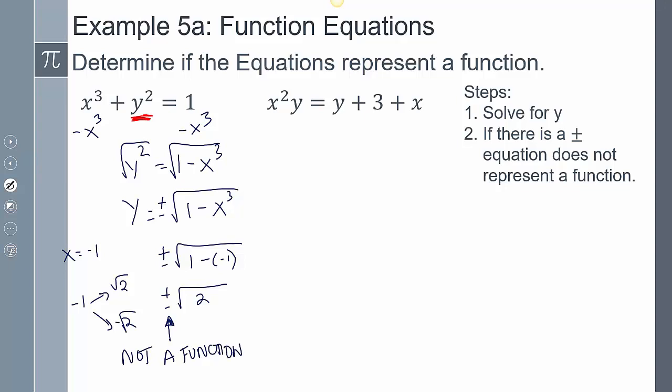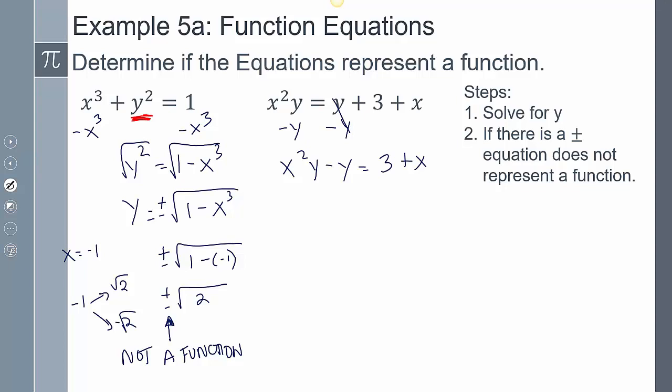So now let's take a look at this next one. This one's going to require a little bit of fancy algebra, and so I want to get all my y's on the same side, and so I'm going to get x squared y minus y equals 3 plus x, because those cancel out. So all I'm trying to do right now is get that y by itself.